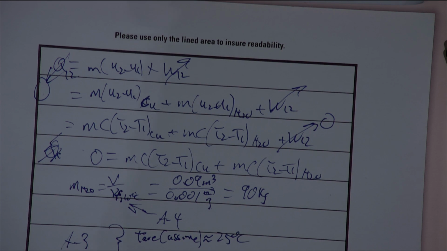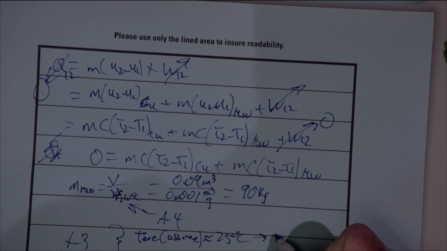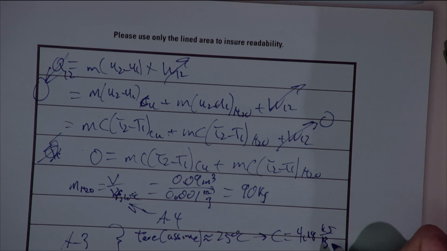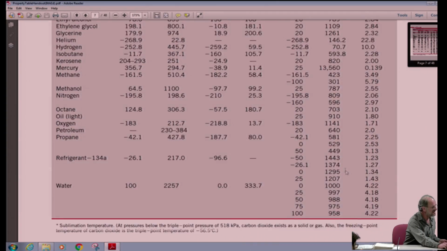Again, I don't know for sure, but if I'm somewhere in that range, anywhere between 10 and 100, it's still going to be about the same number. And the heat capacity is 4.18 kilojoules per kilogram per Kelvin. OK, so there's our specific heat data.